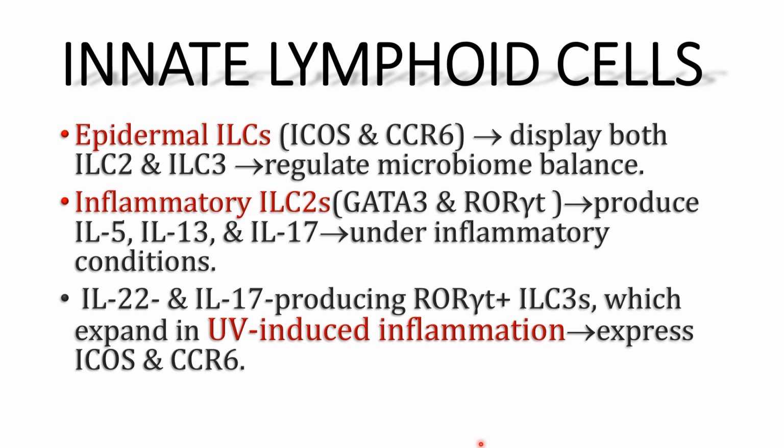While interleukin 22, interleukin 17 producing retinoic orphan receptor gamma T and innate lymphoid cells type 3 that expand with ultraviolet induced inflammation also express ICOS and CCR6.